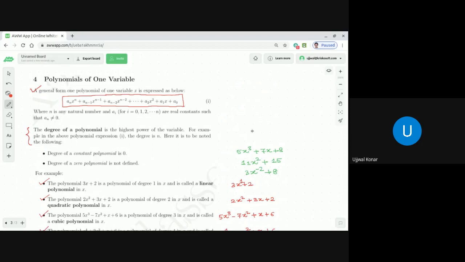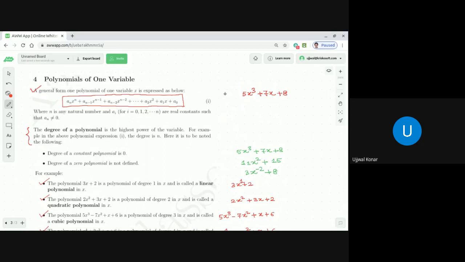For example, if we take the polynomial we took earlier, 5x cube plus 7 into x plus 8, this is a polynomial expression of degree 3. We cannot say this is a polynomial expression of degree 4. Why?